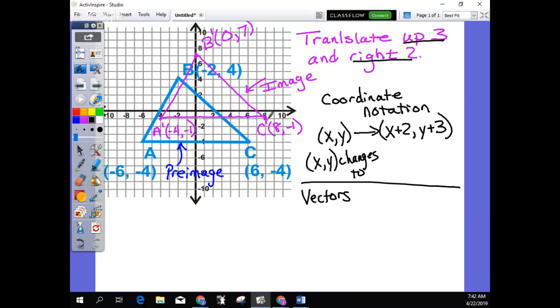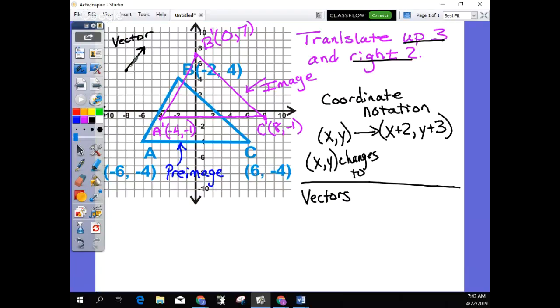We notice it went up 3 over 2 on each one. So the vector looks like this. Then we have to show the direction of the vector, so we put the head of the arrow on one end. So that right there is a vector.